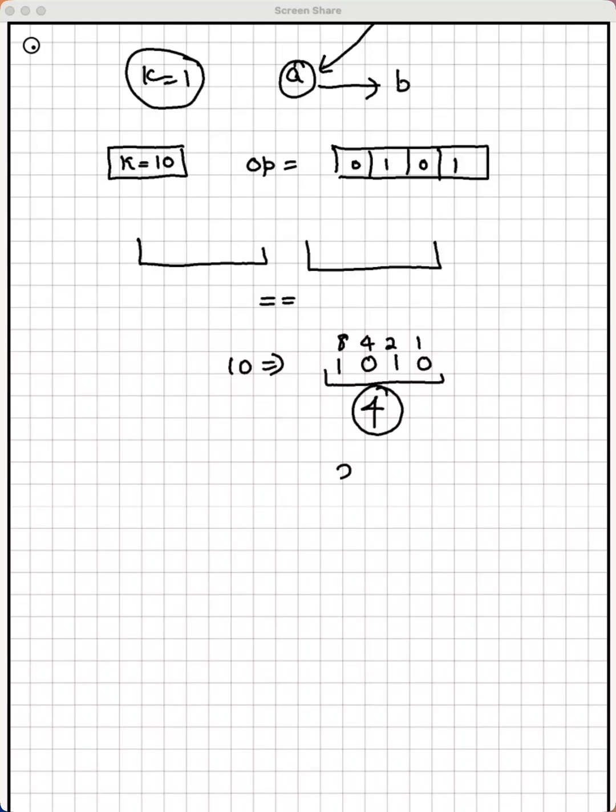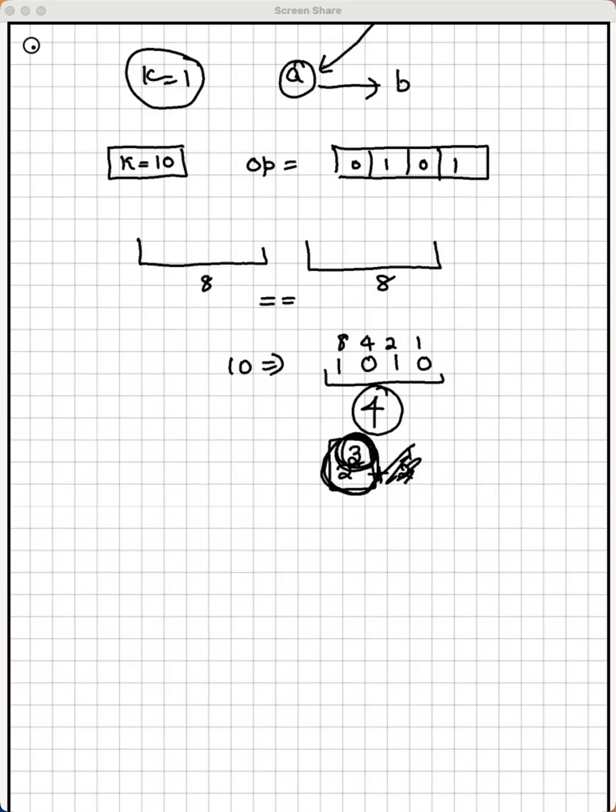This is nothing but, if you take the powers, 2 power 3 plus 2 power 1. I am interested in the power of 3, because if I subtract this, then this is the half and half that we are creating. Now 10 is greater than 8, that's why it's on the right hand side. So the half and half that we are creating here is 8 and 8.